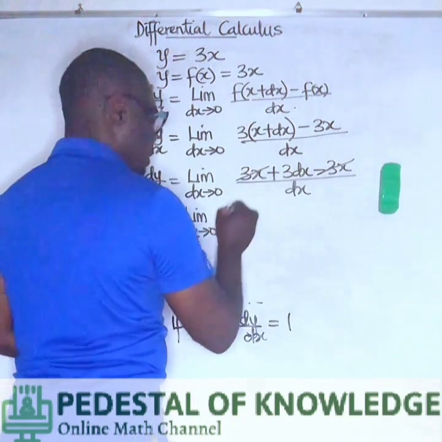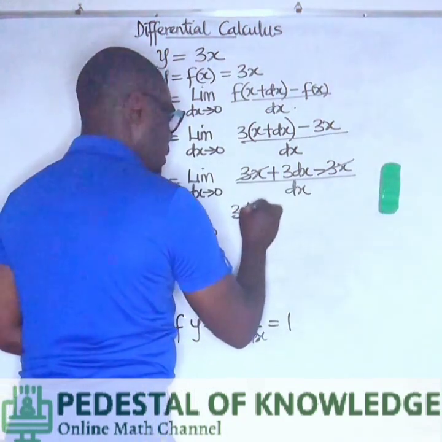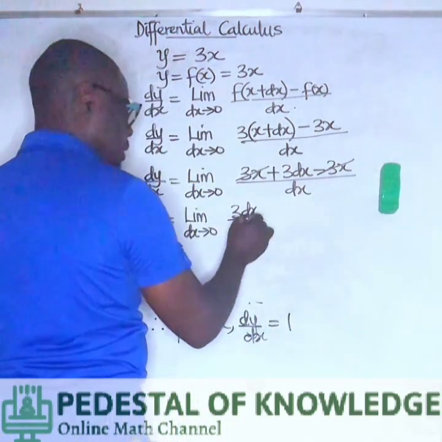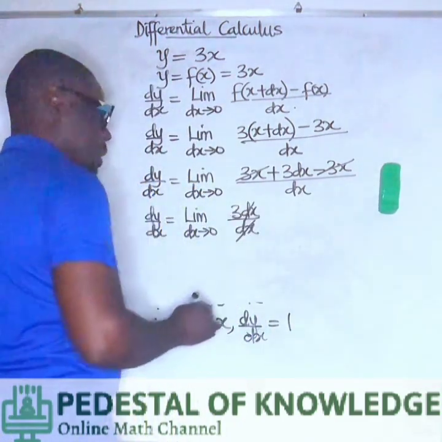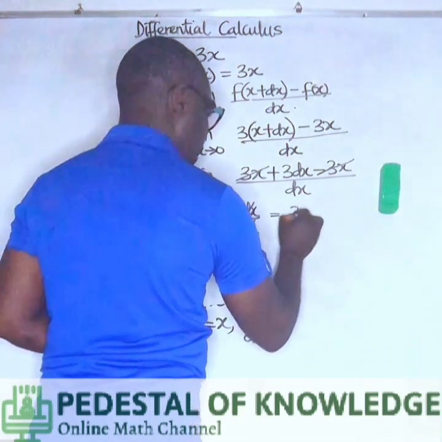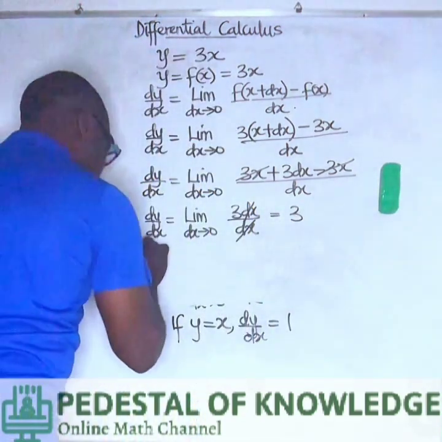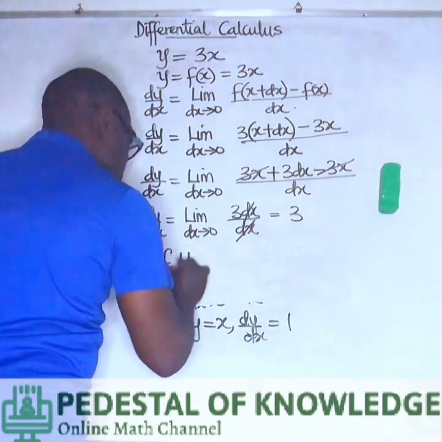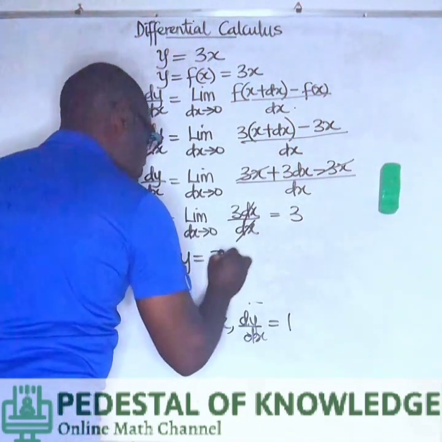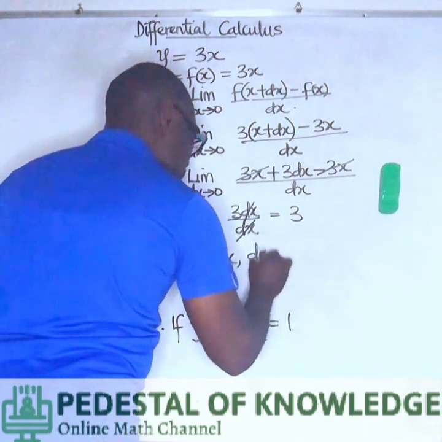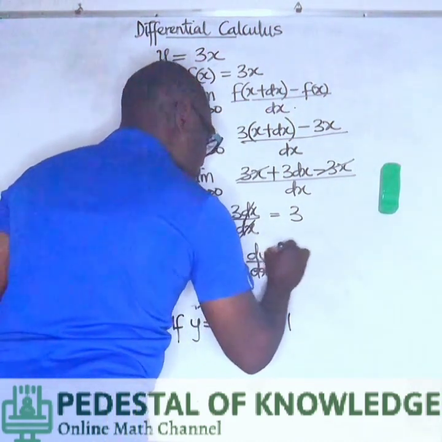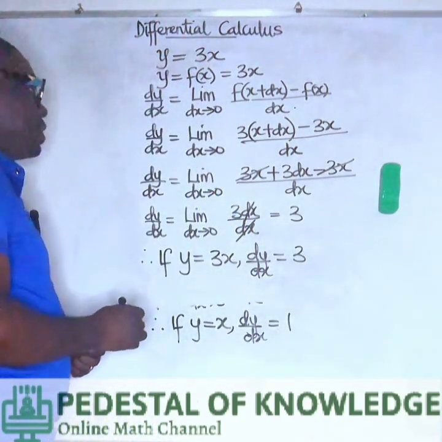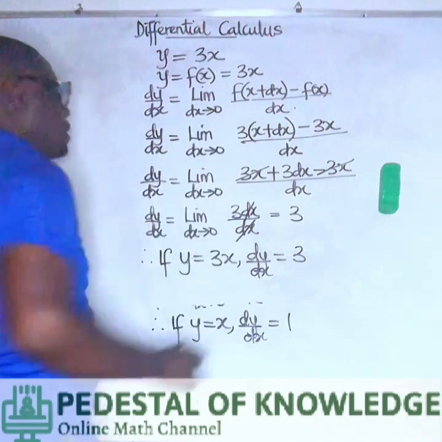So we're left with 3 dx divided by dx. We cancel dx, and we are left with 3. Therefore, we conclude by saying that if y is equal to 3x, then dy dx is equal to 3. And that is the differential coefficient of 3x.